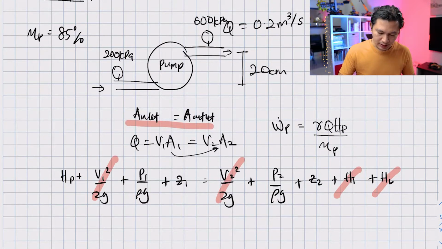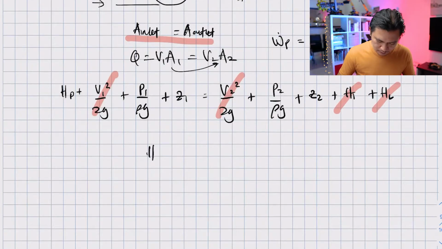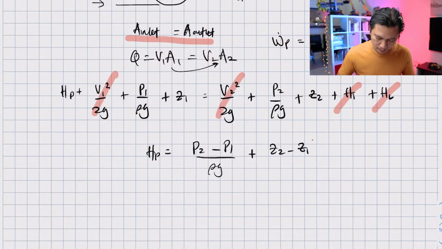And remember, I need HP in order to solve this equation. So what is my HP? HP is equal to P2 minus P1 over rho G plus Z2 minus Z1.